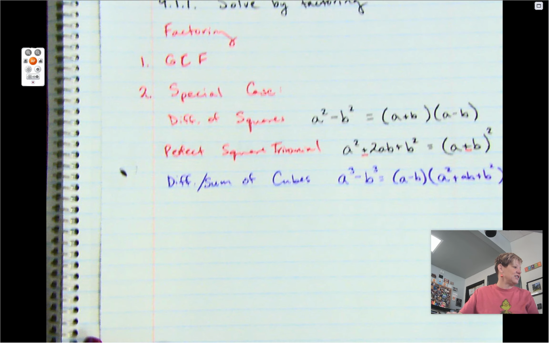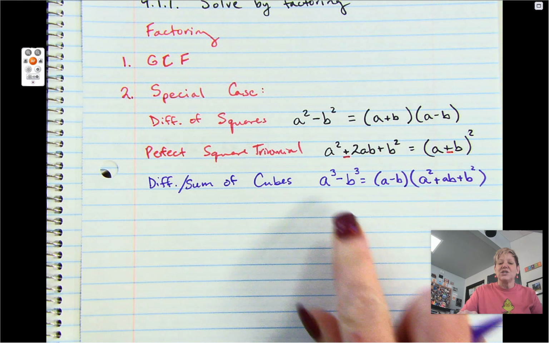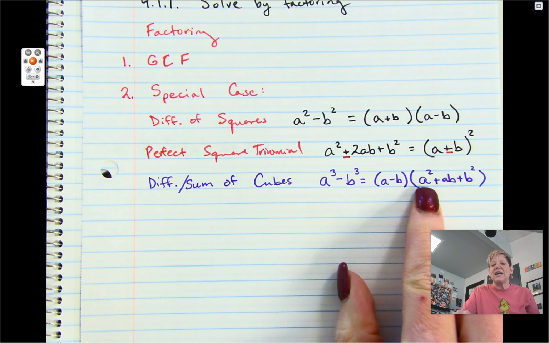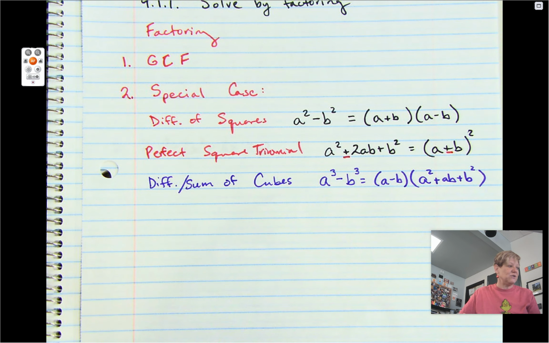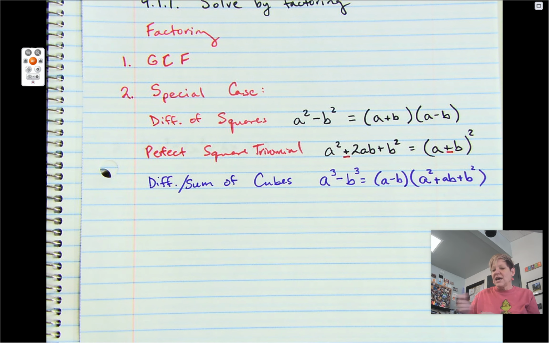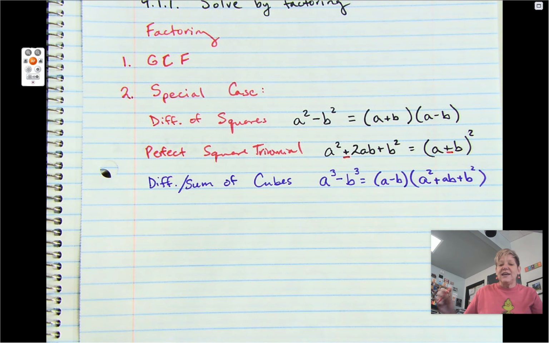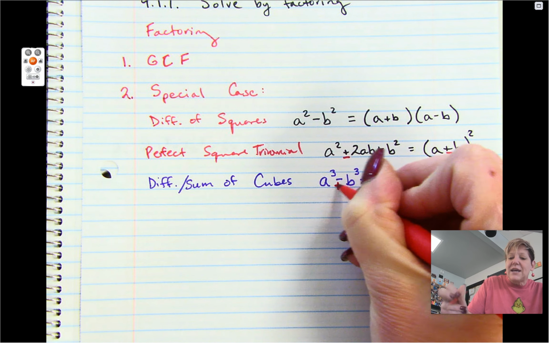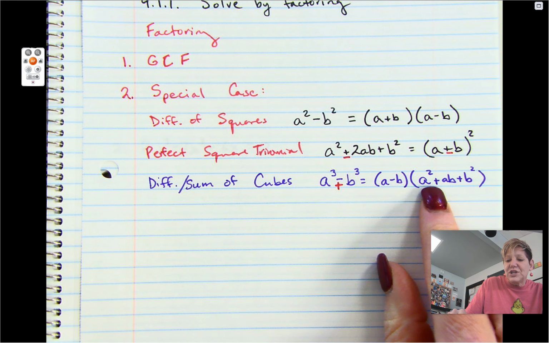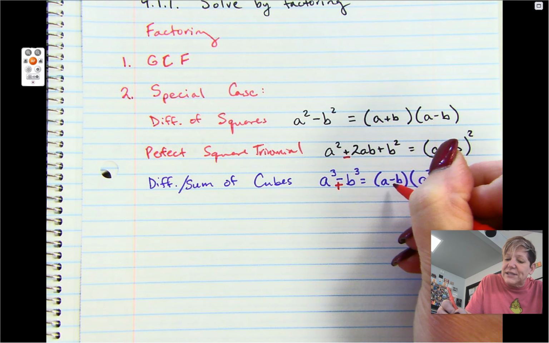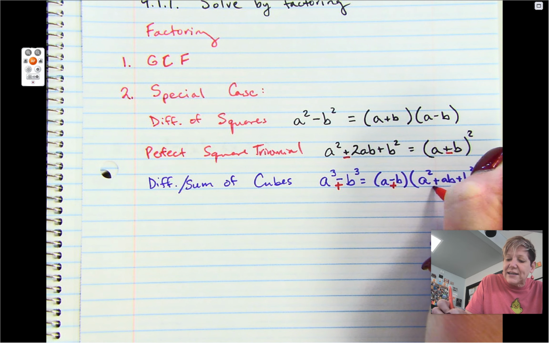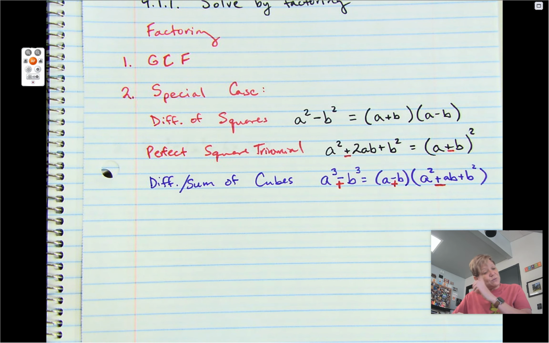Okay, and you can't see that, so let me move it up. There you go. So a minus b times the quantity a squared plus ab plus b squared. That's if it's a difference. If it's a sum, then these two signs right here change. The last one is always positive, but this will change to a plus and a minus. And I'll give you a trick as we go through on that one to remember the pattern.